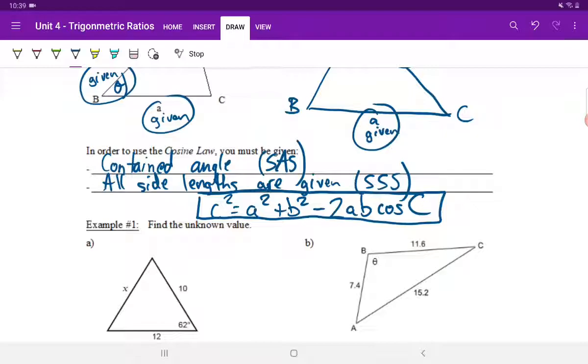And if you notice, whatever lowercase letter you have here, it needs to correspond with the uppercase letter you have here. For example, let's say ABC isn't used in the triangle and you have DEF instead, and you're solving for side length d. So you were to have lowercase d on the left.